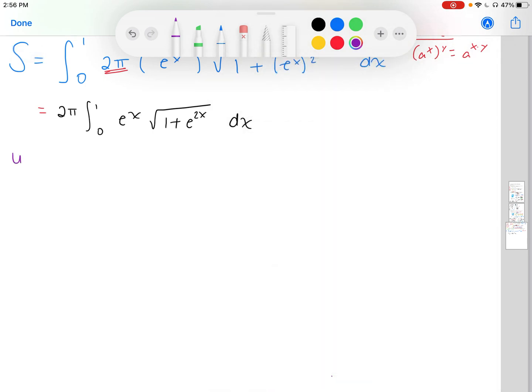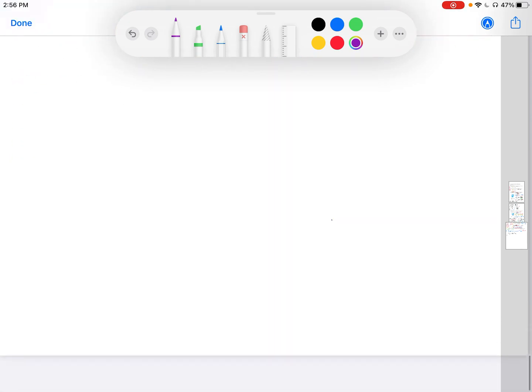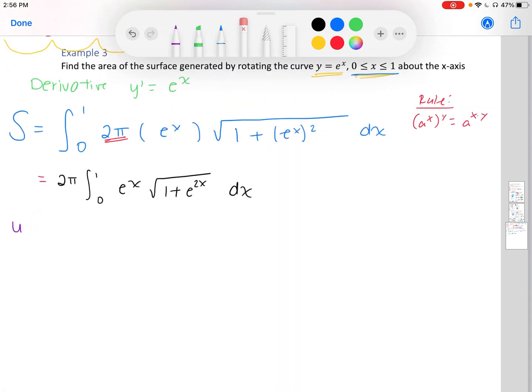So with u substitution, okay, I don't have too much space. If I use u substitution, using the inside as our u is not ideal, because when we take the derivative of our exponent, we still need another x to account for it, which we don't have.